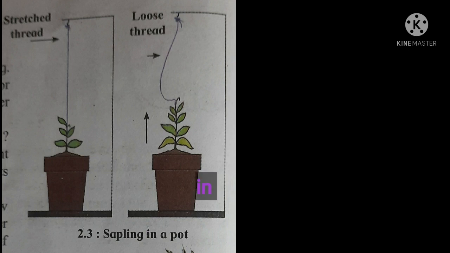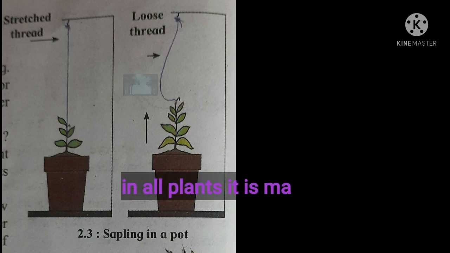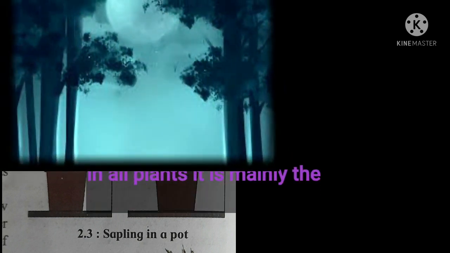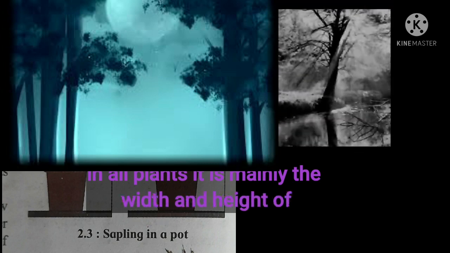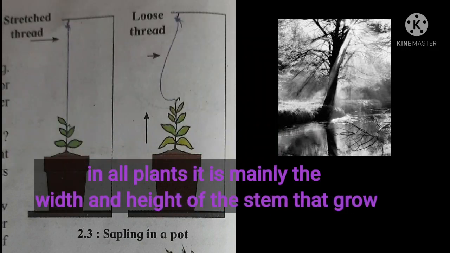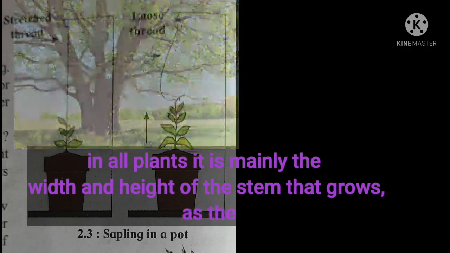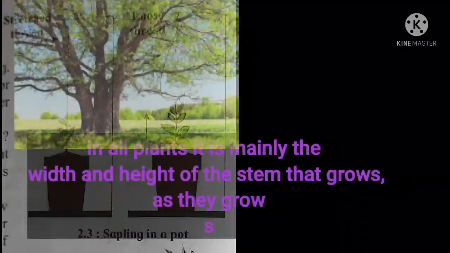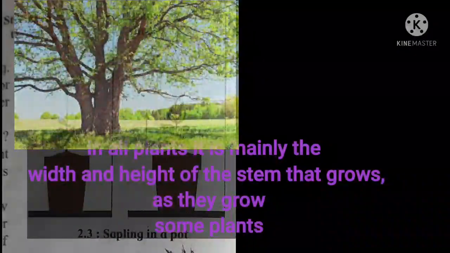In all plants, it is mainly the width and height of the stem that grows as they grow. Do you see in the picture? Here are innumerable branches.